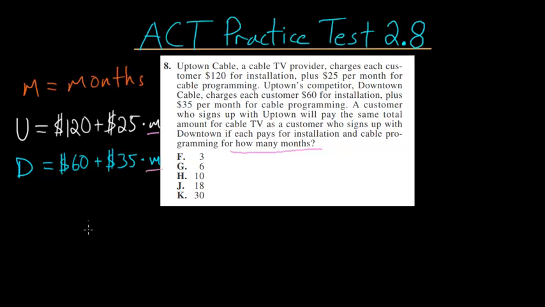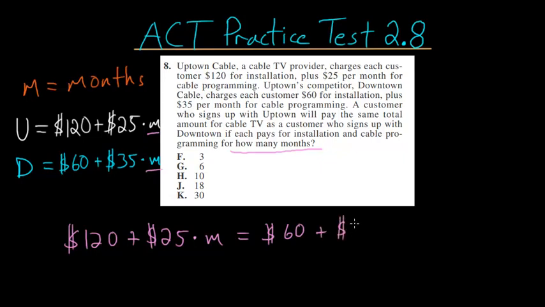So we have that Uptown, which is $120 plus 25 per month, or 25M, is equal to the Downtown cost, which is this $60 plus $35 per month, or 35 times M. And now we just have to solve for M. So let's subtract $60 from each side.